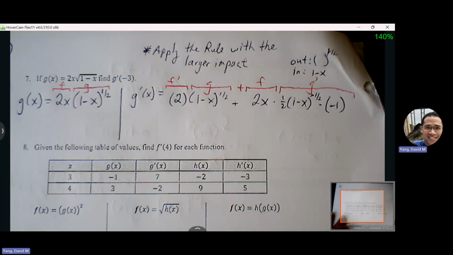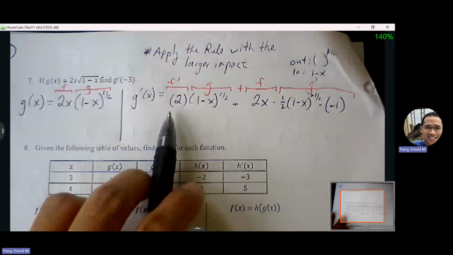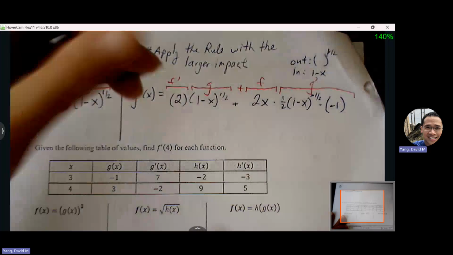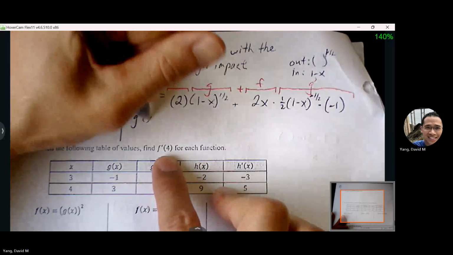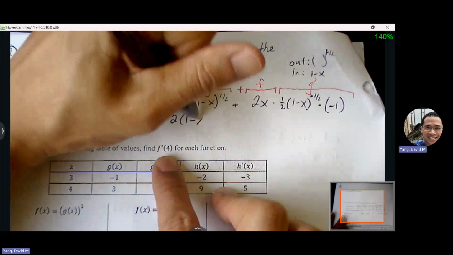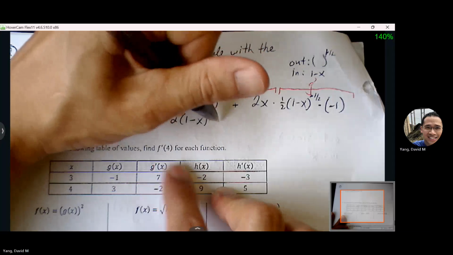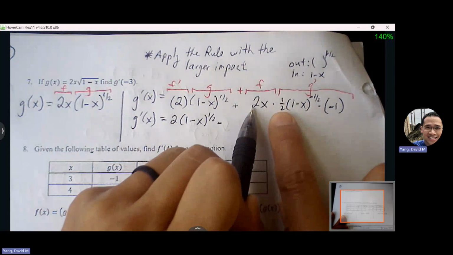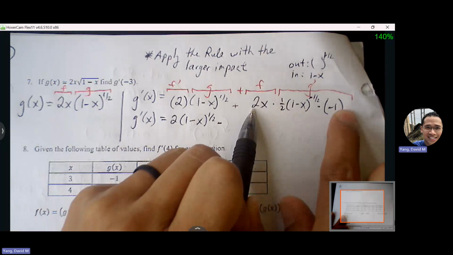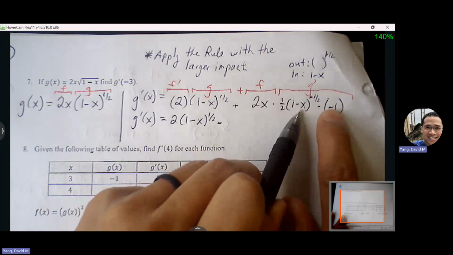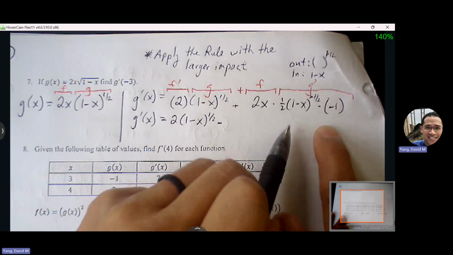So my ultimate goal is to find G prime of -3. So I'm going to do a little bit of cleanup, and then I'll just plug in -3. So not going to do too much here. Just want to do a little bit of combining. I realize the 2 and the 1/2 can cancel out. I'm going to push the negative out in front with the x, and I'm going to push this negative exponent back down to the denominator.